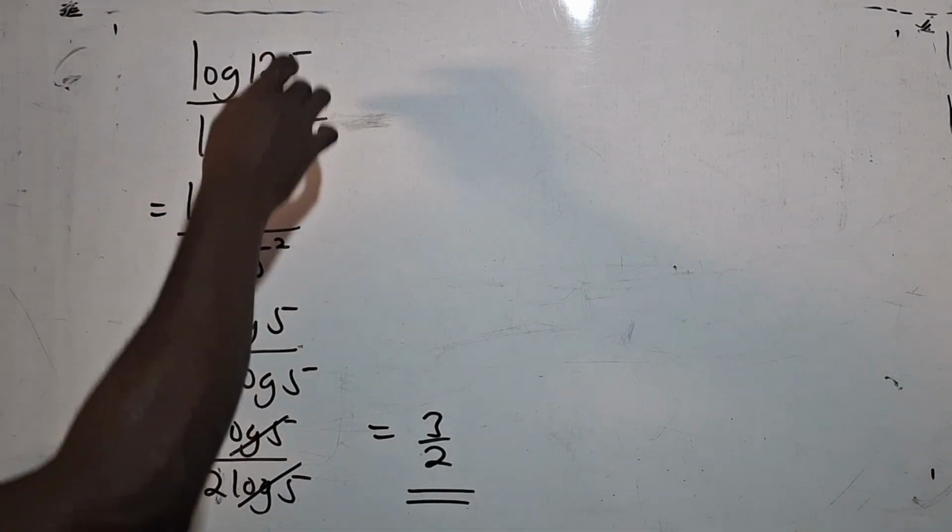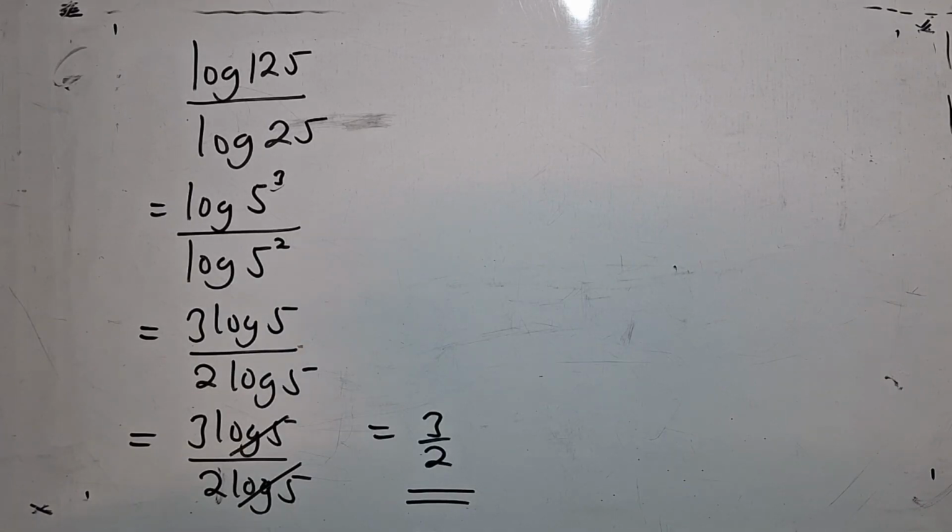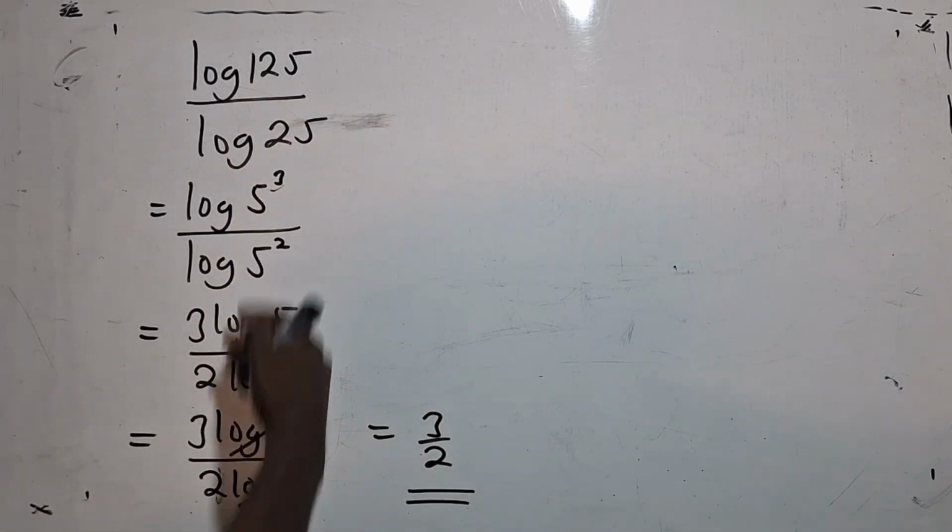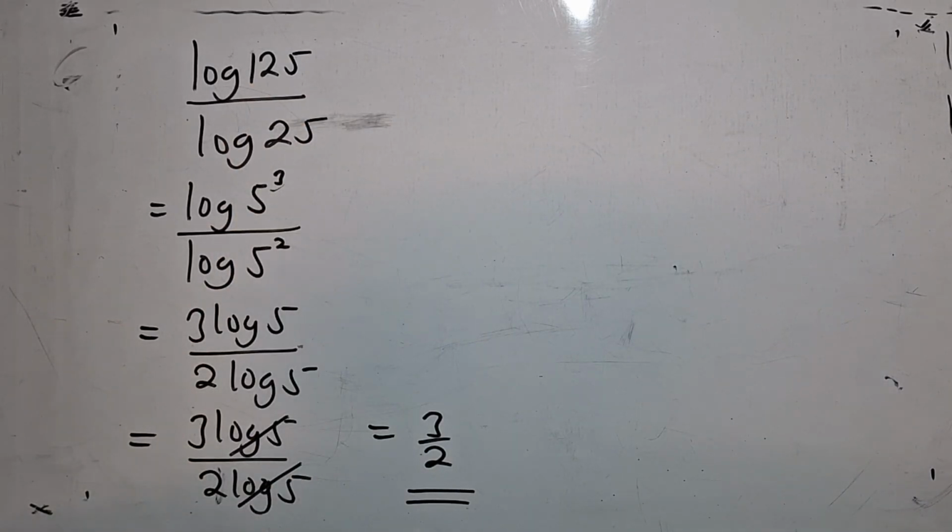You express them as common powers, then you apply the logarithm principle of the powers to solve. So you follow closely step by step and you solve. So to simplify log 125 divided by log 25, the answer is 3 on 2. And this is why this answer pops up when you press this using the calculator.